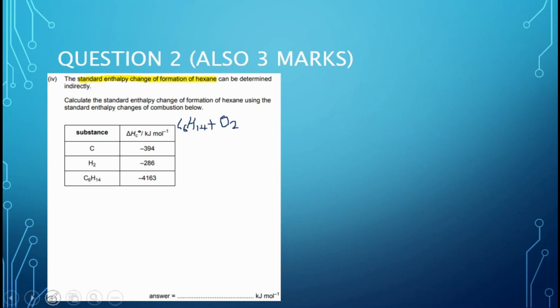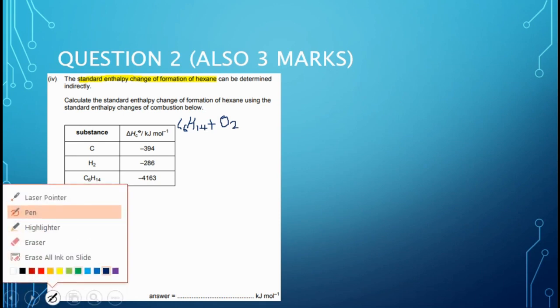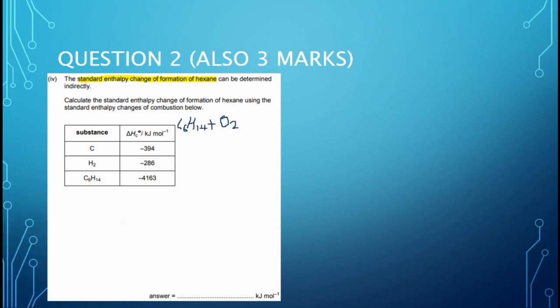Now the second part of this triangle is our combustion products. So, if we do it now, we get 6CO2 plus 7H2O. And that's our top part.